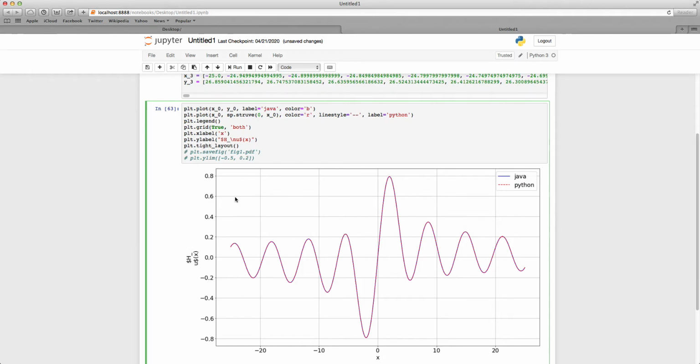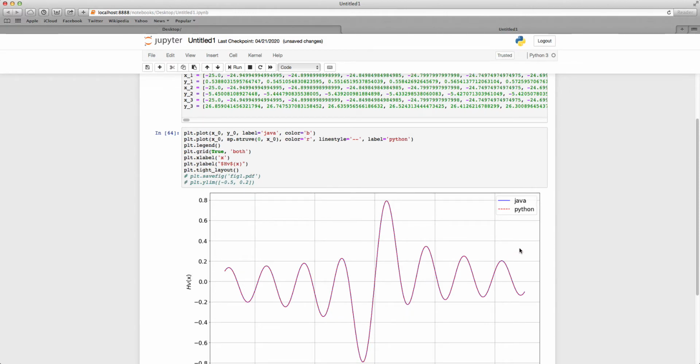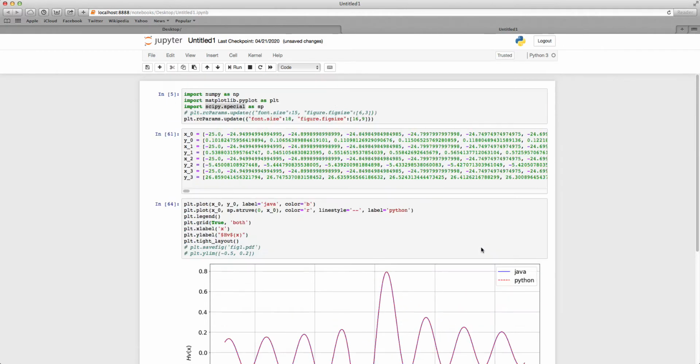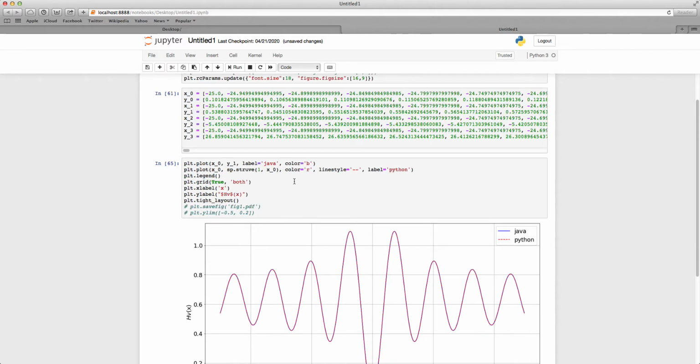Okay, H_new of x, and you see we get a perfect match. And we know that y1 is H1, so let's plot that too. As you can see, we get a similar match. The oscillatory behavior is obvious.